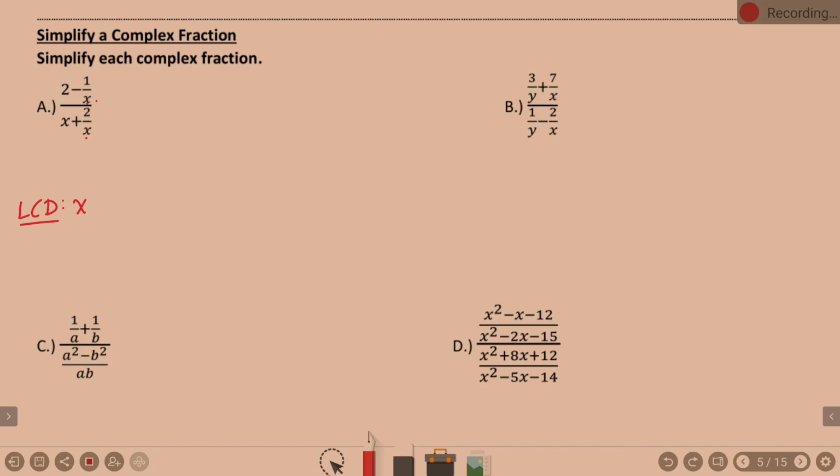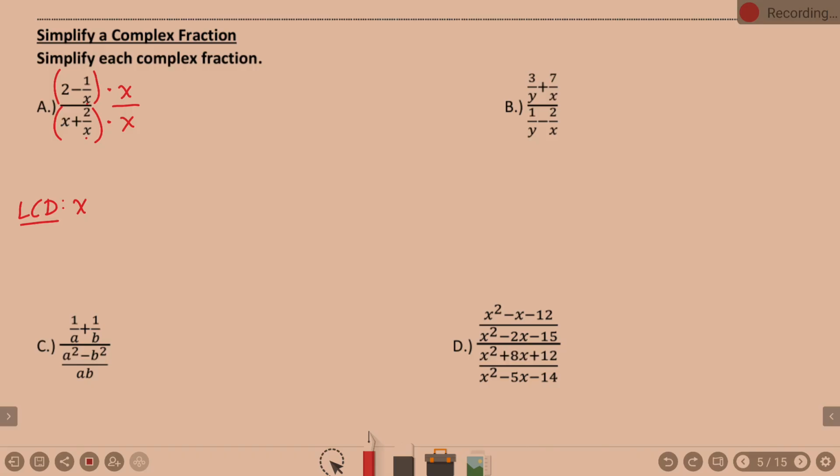But I ask about it because that's what we're going to use to multiply. So our job then is going to be to multiply the numerator by x and multiply the denominator by x. Okay? And we can do this because multiplying by x over x is just 1. If you multiply something by 1, the value of it doesn't change.